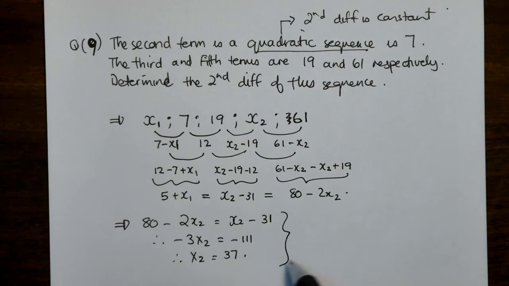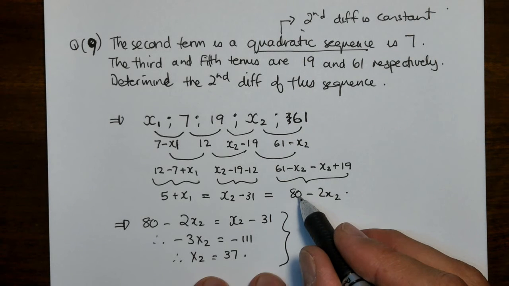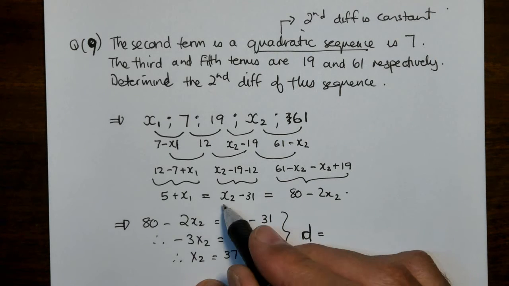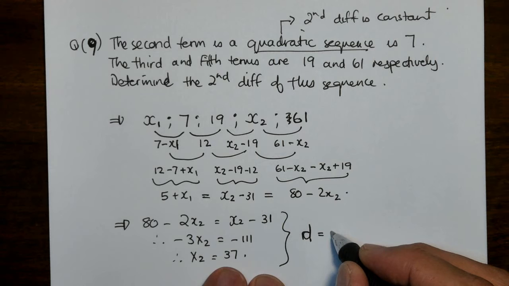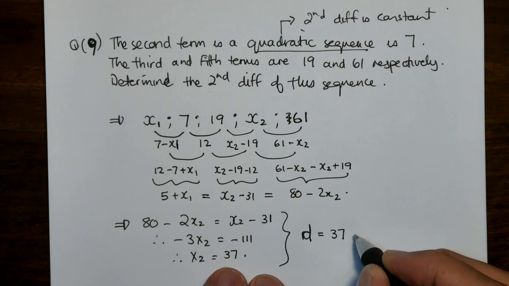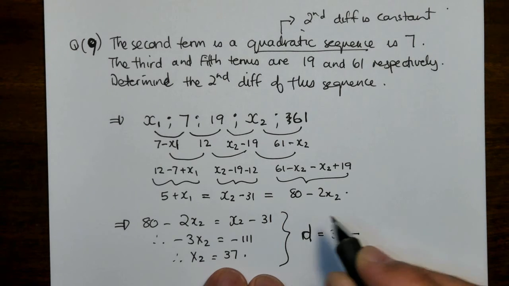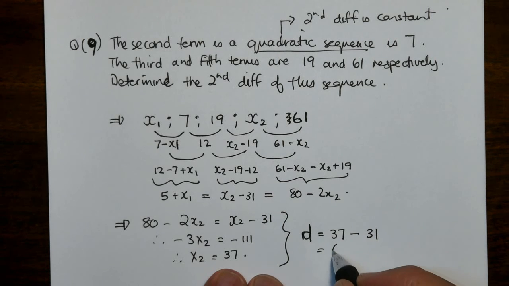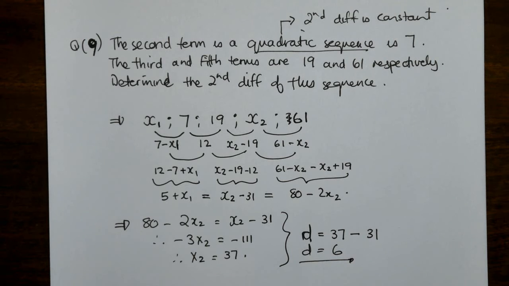With this then in my handbag, I'm going to say, cool, the second difference, D, is, let's use the smaller one, x2, which is 37, minus the 31, and 37 minus 31 is indeed 6. So your second difference is a constant 6.